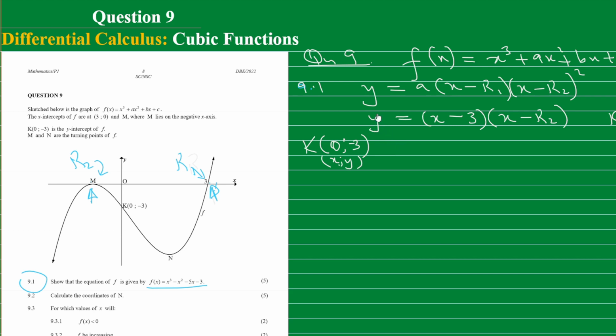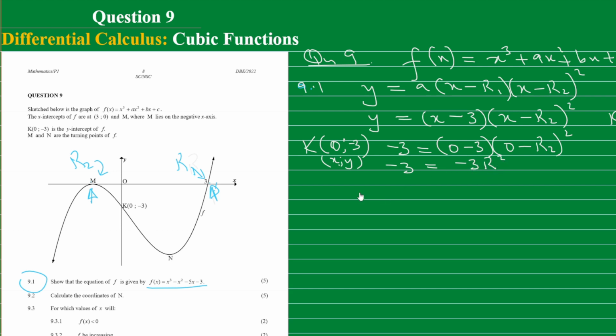So we can substitute where there's an x and a y. We'll get y as negative 3, substituting into this equation, and x is 0. Negative 3 into 0 minus the root r2, squared. That simplifies to negative 3 is equal to negative 3r squared.